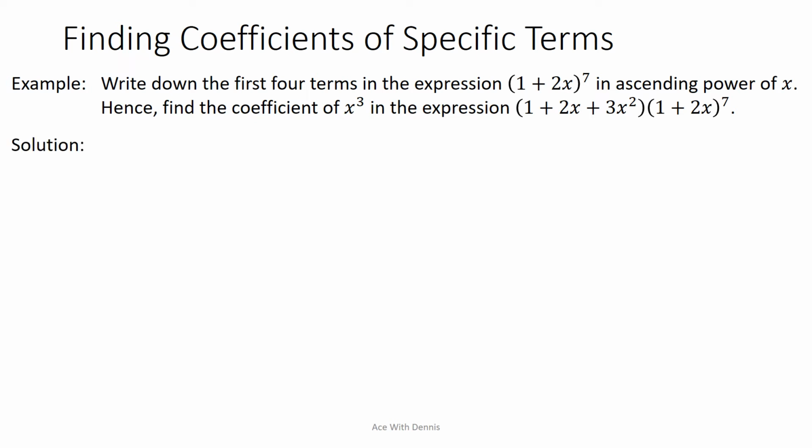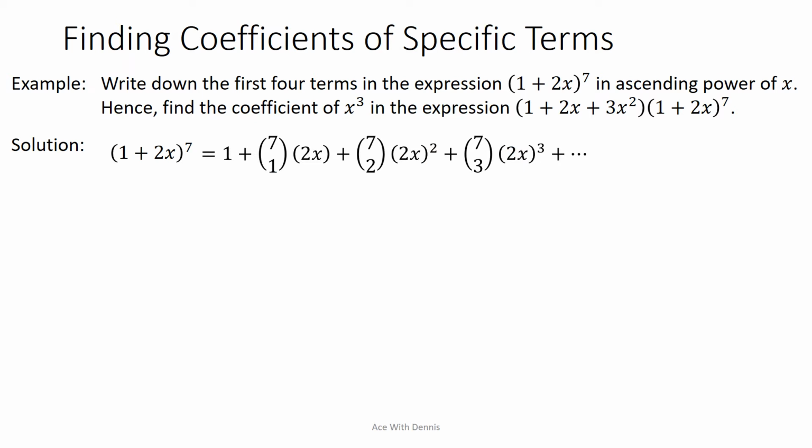Here's the solution. From the expansion (1 + 2x)^7, the a is 1. Then when we expand, we get 1 + 7 choose 1 times 2x + 7 choose 2 times (2x)² + 7 choose 3 times (2x)³ + and so on.